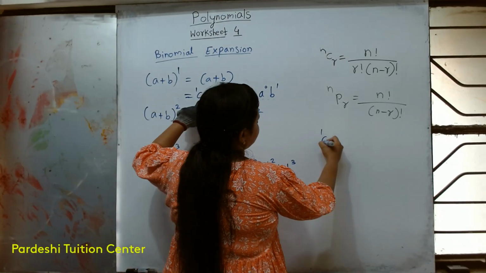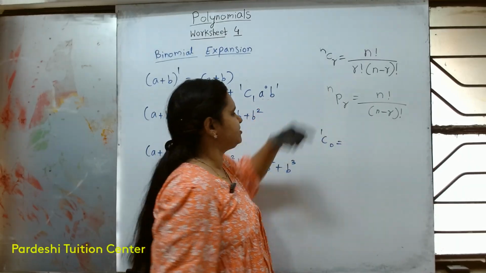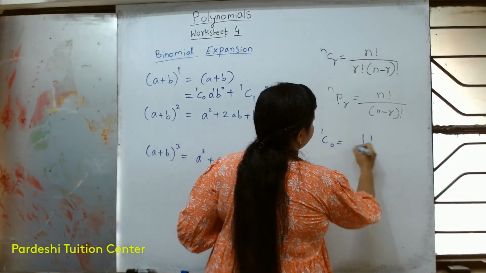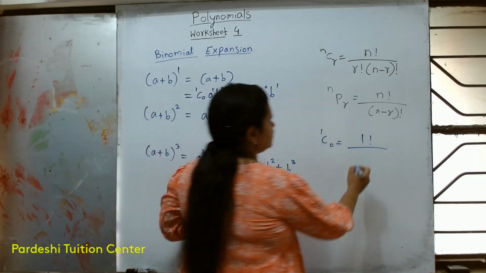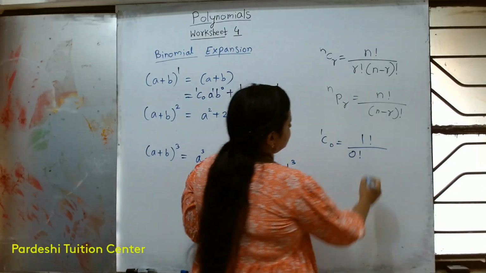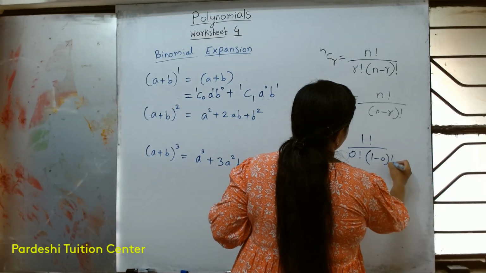1c0, what will it be? If we put it in the formula of combination, it will be n factorial, meaning 1 factorial, upon r factorial, here r is 0, so 0 factorial. Again n minus r means 1 minus 0 factorial.